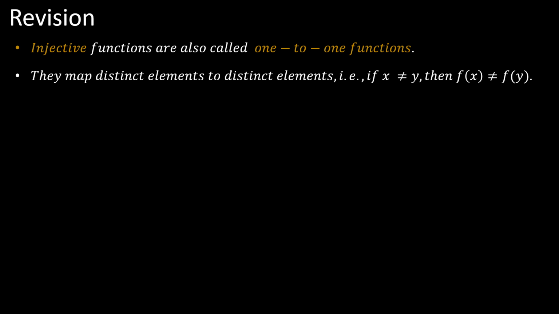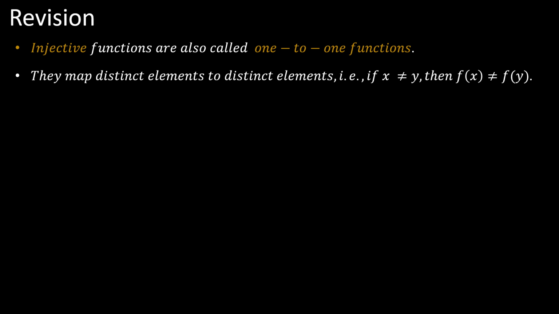That means that if you have two real numbers, x and y, and they are not equal, then feeding them into a specific injective function f results in f(x) and f(y), and f(x) and f(y) won't be equal if x and y are not equal.